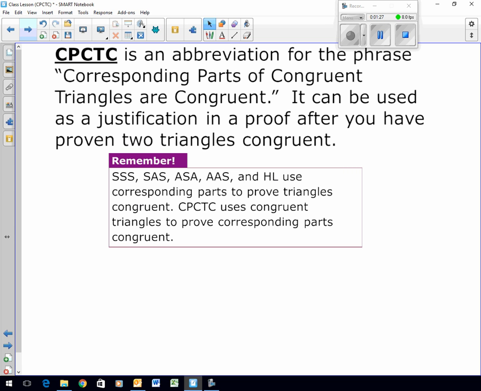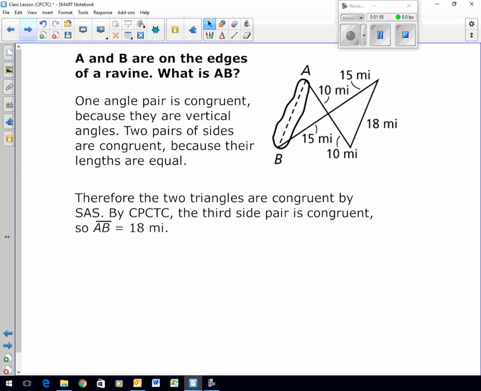So after you use one of those 5 postulates, you can then use CPCTC to prove that the corresponding parts themselves are congruent. We'll come back to it if we need it. Okay, check it out.